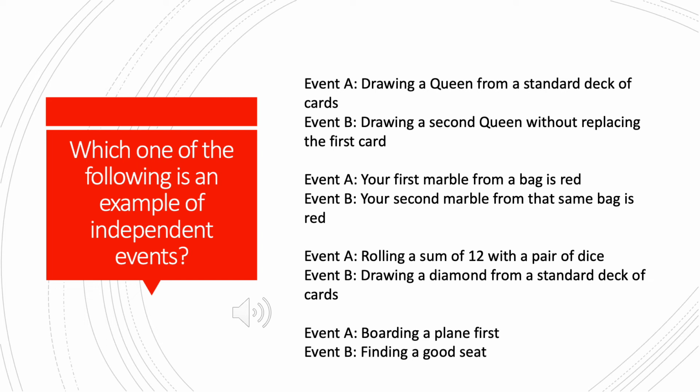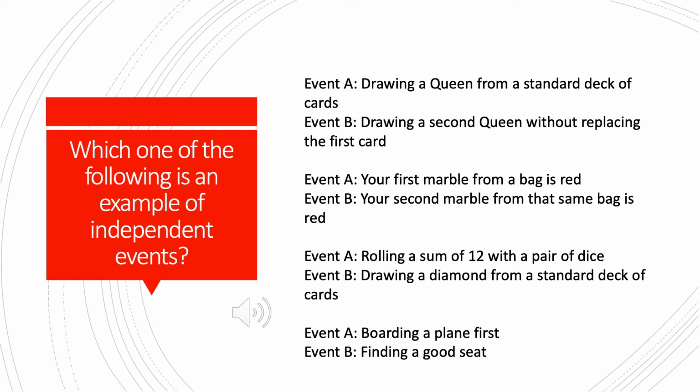In the second option, if you draw a marble out from a bag and it's red, and your second marble from that same bag, and I should have stated without replacement, similar to the card example above, it would not be independent because now you have one less marble that's red because you already drew that out. So the first two examples are both dependent events. The second event is dependent on the first, right? The probability changes because of what happened in the first event.